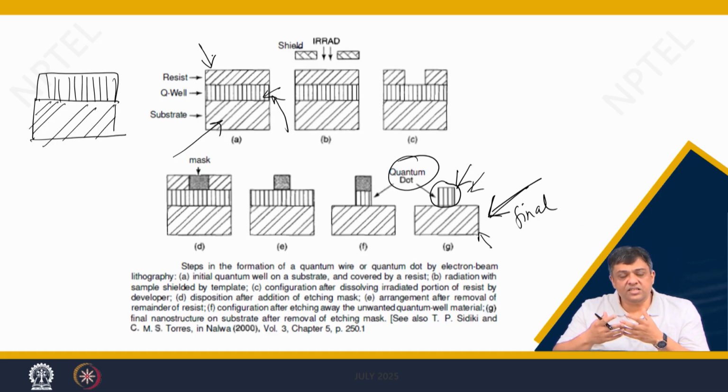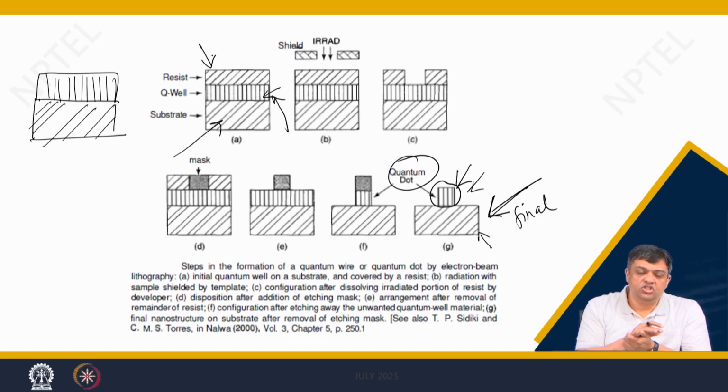This is a resist which, when irradiated by the incident beam, changes its nature. So, the resistance changes at each and every point where the incident light actually falls.